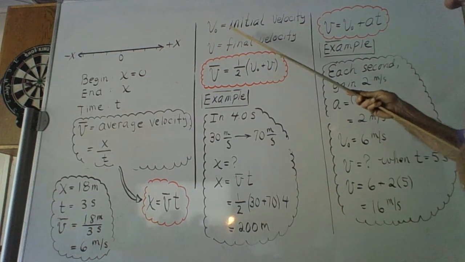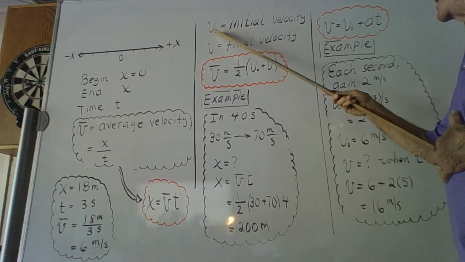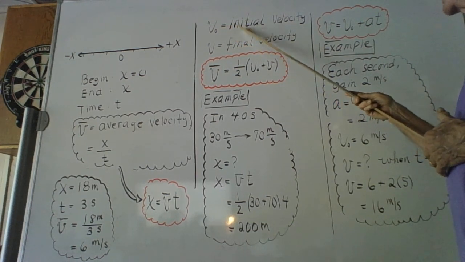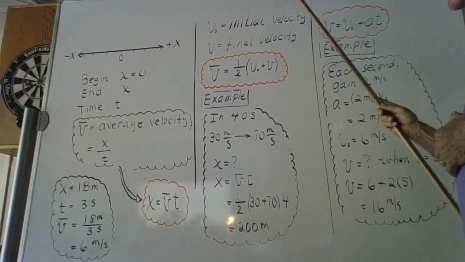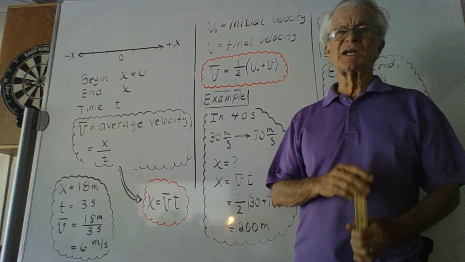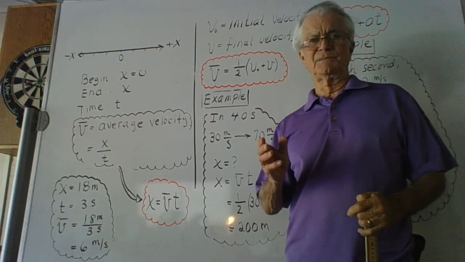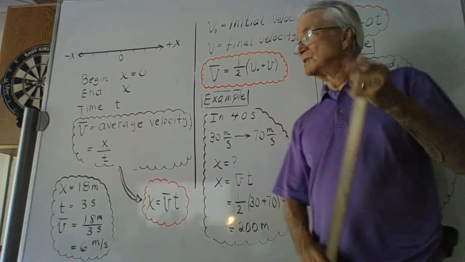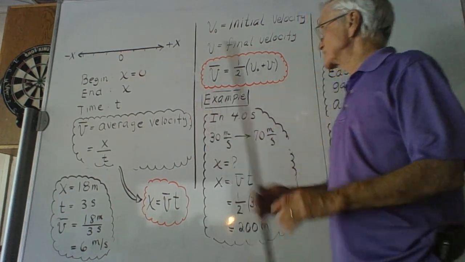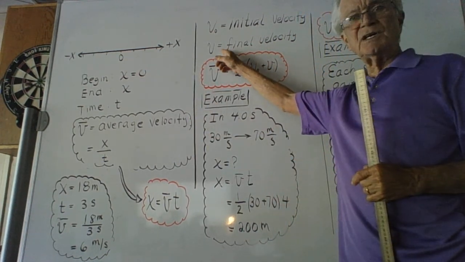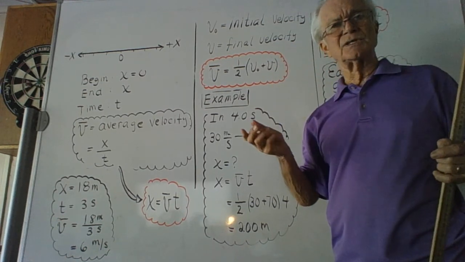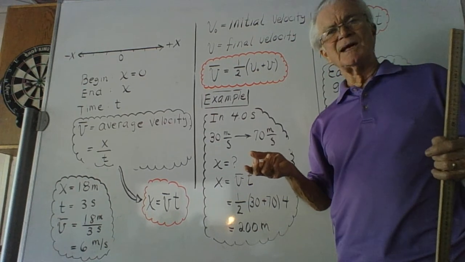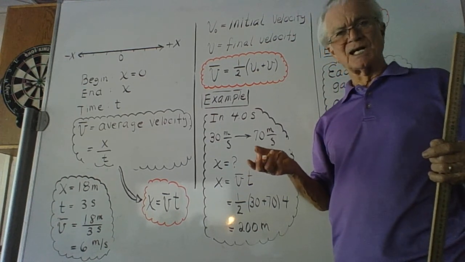Now we turn our attention upstairs to these quantities, v0 and v unsubscripted. v0 represents the initial velocity of our object. That's the velocity the object has when we first observed its motion, when the object was at the 0 mark on the x-axis. Unsubscripted v is the velocity the object has later when it's at a different place on the x-axis, at a place symbolized as x.